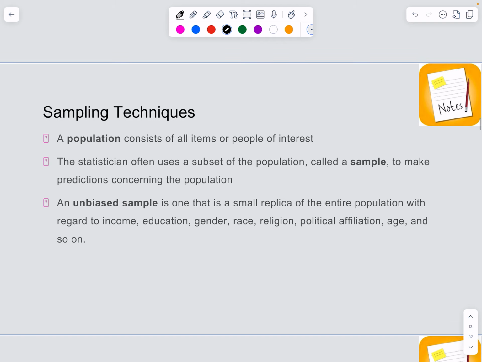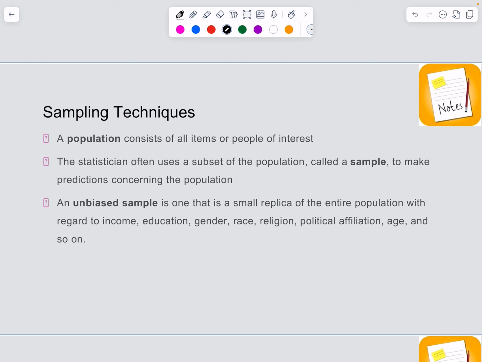Okay, now, when we go into collecting data and using it, there are important pieces we need to know. So the population is all of the items or all of the people. If we're looking at collecting data from all these types of people, that's our population.